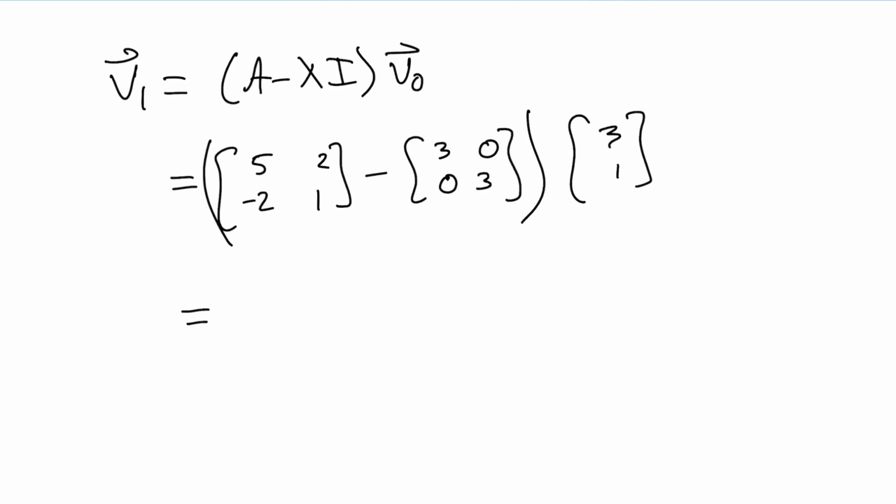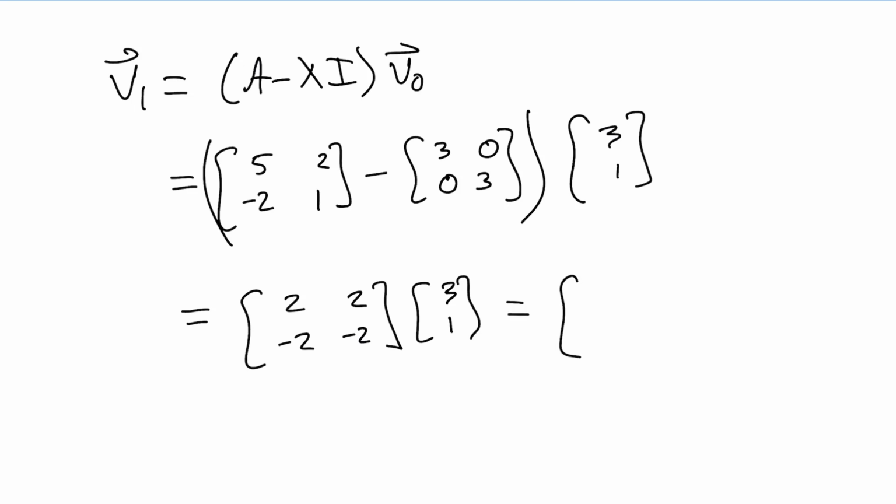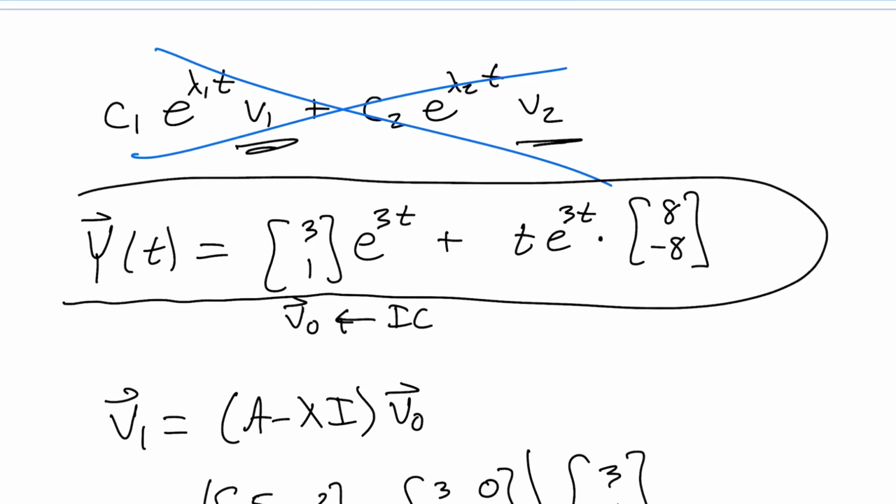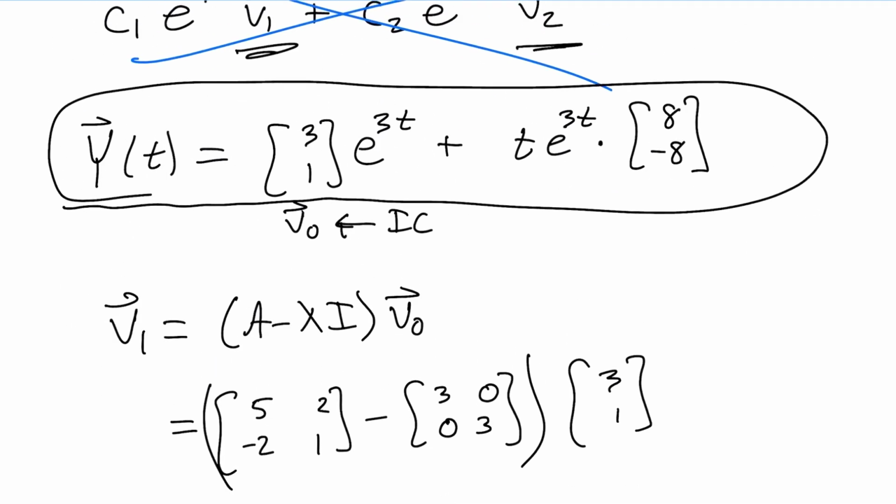And so this will give us 2, 2, negative 2, negative 2, multiplied by the initial condition vector, and that gives us 8, negative 8. And so we can put in 8, negative 8 right here, and that will be the final answer to this problem.